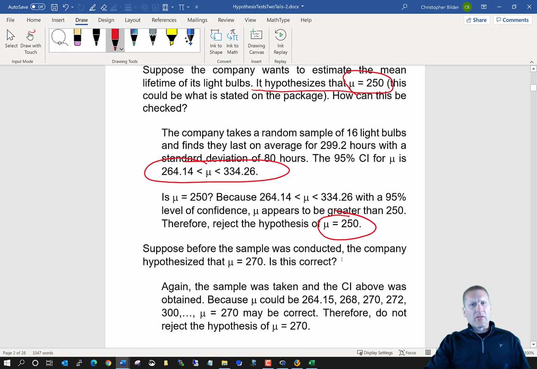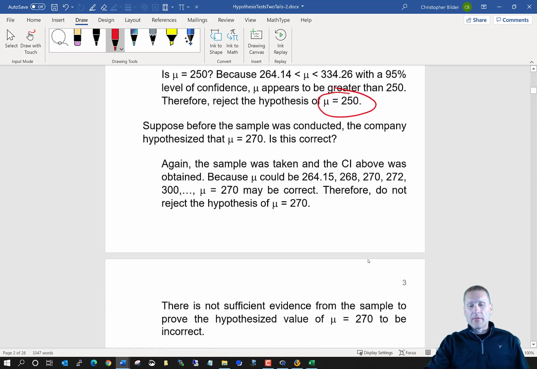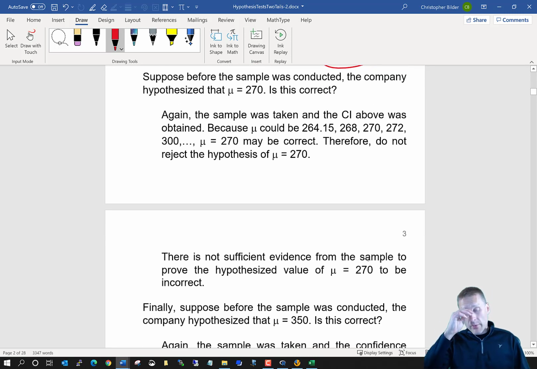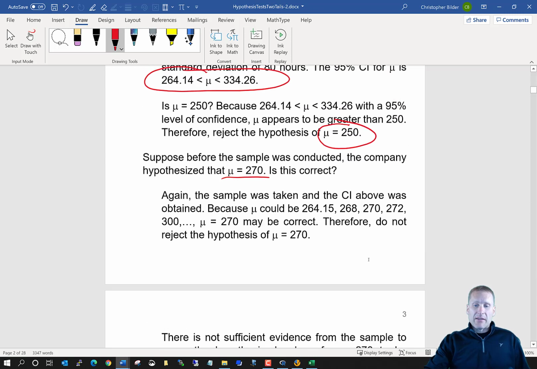We've made similar statements like this before with confidence intervals, but this is going to help set us up for a more formal way to do this. So also, similar to what we've seen before, suppose we hypothesize instead that mu is equal to 270. Well, in this particular case, 270 is inside our interval, so mu could be 270, but we don't know.